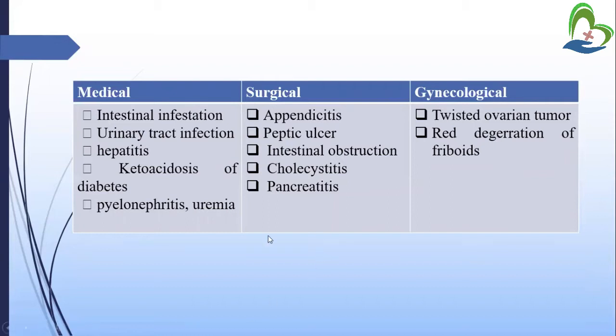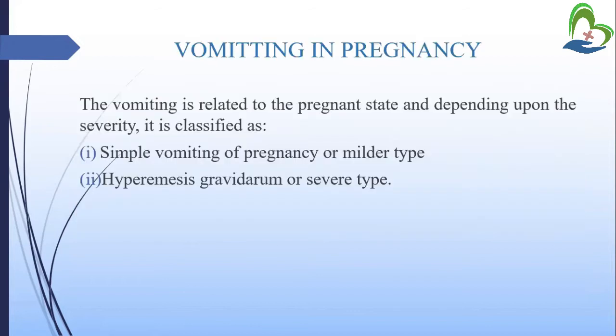If the mother has surgical conditions like appendicitis, peptic ulcer, intestinal obstruction, cholecystitis, pancreatitis, she has vomiting because of the surgical condition. And if the mother has a gynecological disorder like twisted ovarian tumor or degeneration of fibroids, because of that the mother has vomiting of pregnancy.